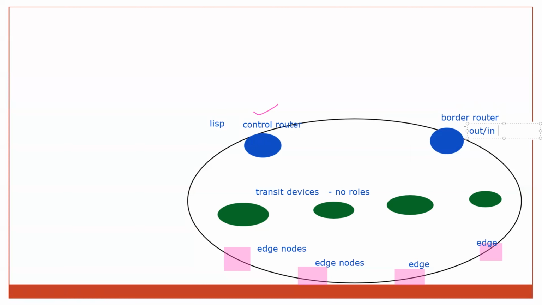Go out, come in, learn different types of prefixes, subnets and all. And then your edge nodes: they are connected with the devices where you are applying the TrustSec policy and all other different policies that are coming from the ISE.